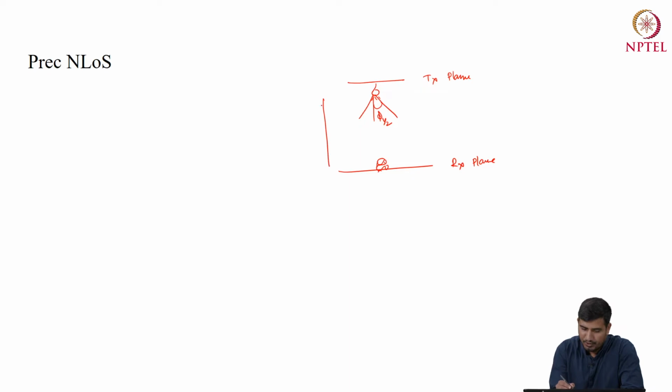If it is an indoor room there will be a wall with some reflectivity, suppose 0.5. So you will receive two signals. One will be the line of sight signal and another will be the non-line of sight signal, which is reflecting from the wall with angles suppose alpha and beta, and suppose this distance is D_LOS and these are D1 and D2.